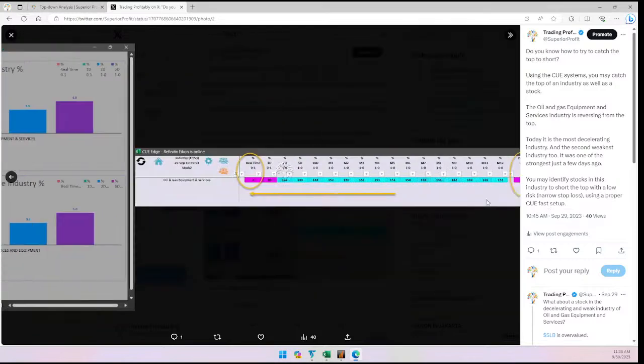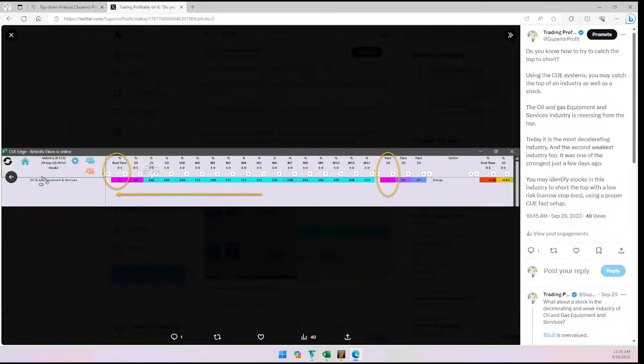And I also looked at the longer term scorecard for the same industry. It used to be one of the strongest, and then it became one of the weakest, both over 1 day and Friday when I'm sharing it, that is real time in the morning session. Not only did it become one of the weakest industries, it became the most decelerating industry at that time.